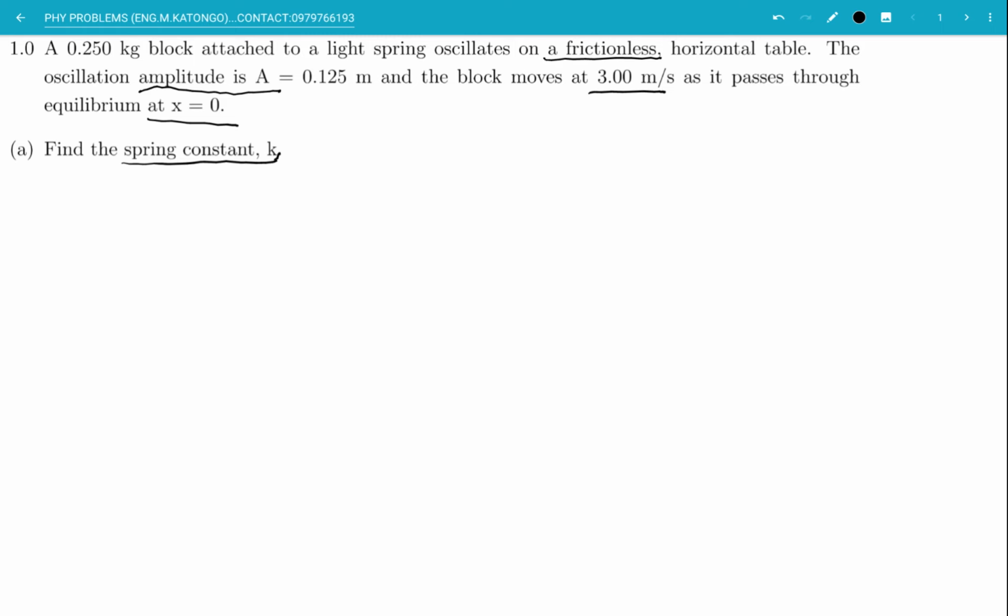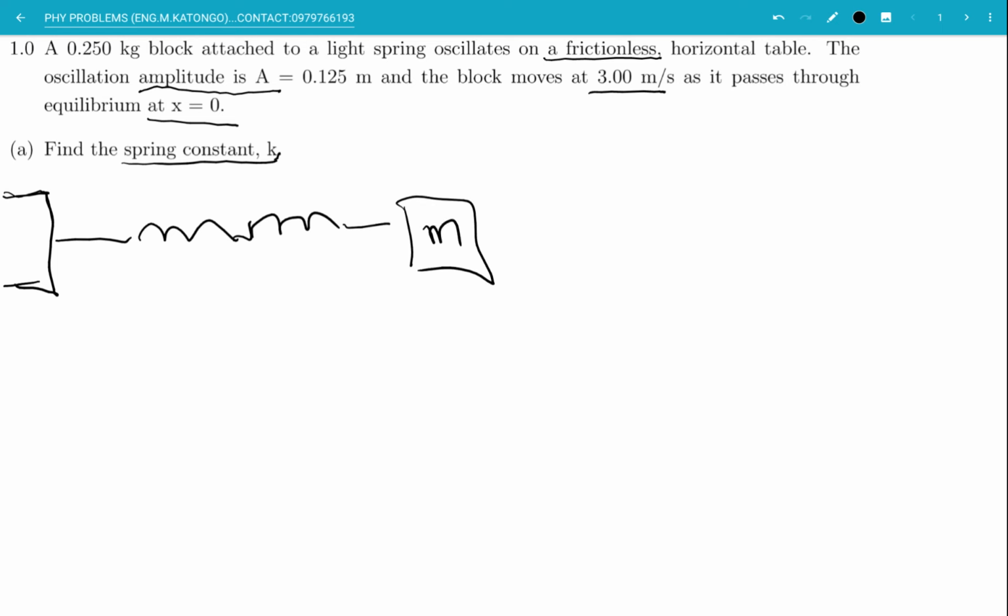So let's try to imagine this question by putting it in a diagrammatic form. We have a mass spring system with a particle which has a mass, and we have an equilibrium position there where we have our x being equal to 0.